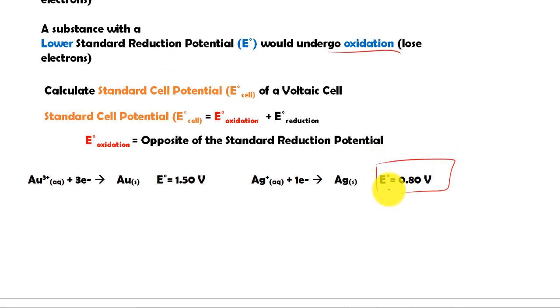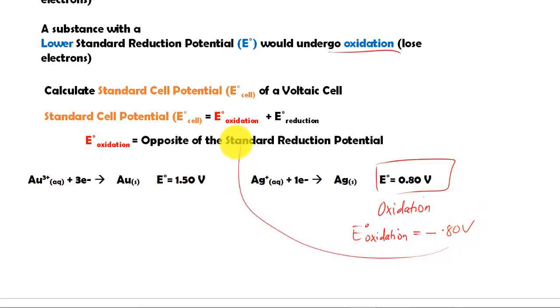So if this is oxidation, the oxidation potential would be the opposite of reduction, giving us negative 0.80 volts. And then we can just plug into the equation for the standard cell potential, which in this case is going to be negative 0.80, plus the reduction, which is this one, 1.50, and that would give us 0.70 volt. And there you go. That is our standard cell potential for these two half cells.